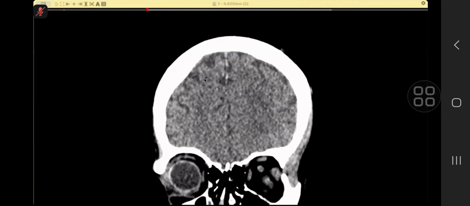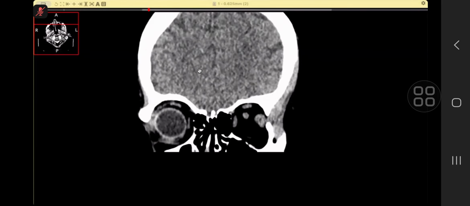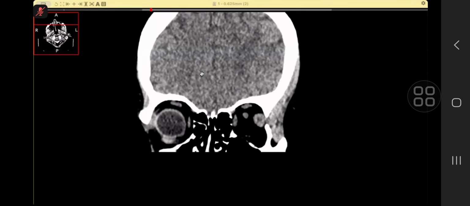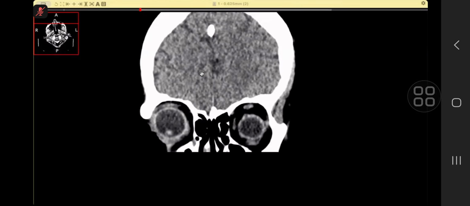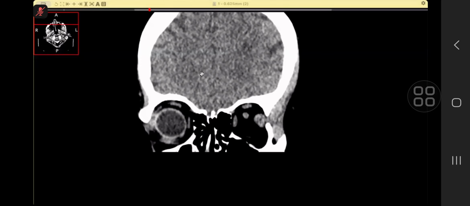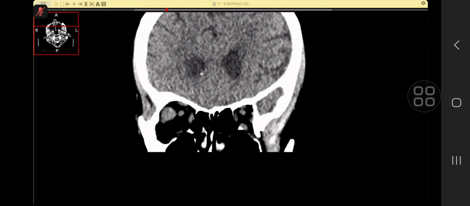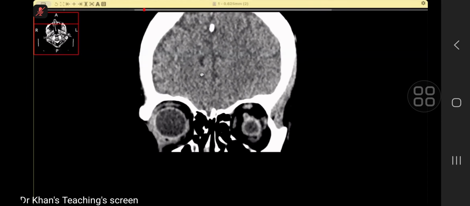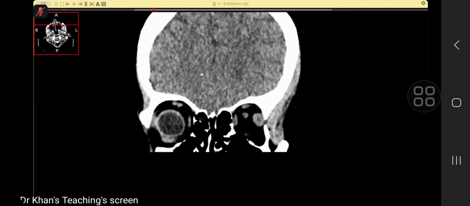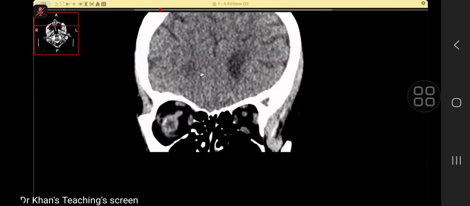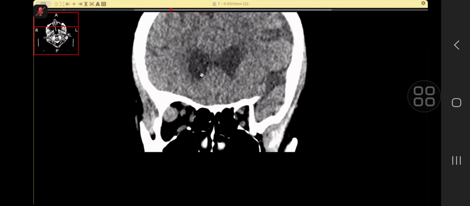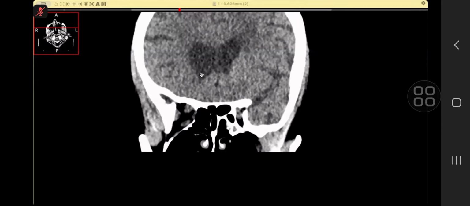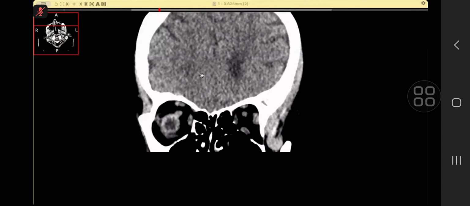So in this coronal imaging, there is again redemonstration of the same finding. Bilateral lateral rectus muscles are swollen, and I have also observed something in the lacrimal gland region. The lacrimal gland on the right side is a bit enlarged as compared to the left one, which is normal.